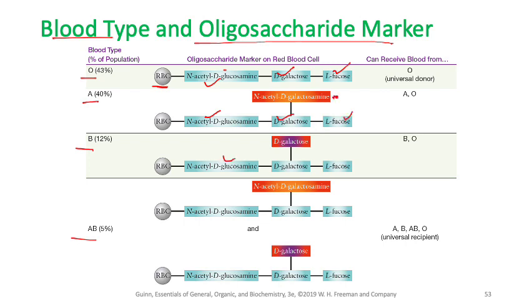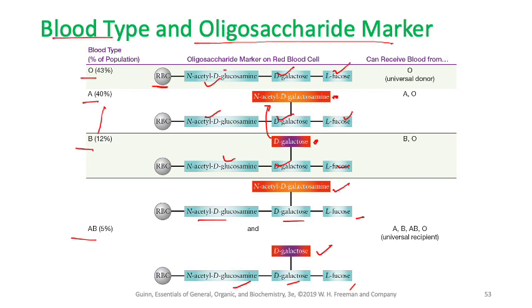For B, again the 3 are the same, and the fourth one is different from A, right? Then we have AB, with these 3 the same, and the fourth one, then B: 1, 2, 3, and the same D-galactose, right? So they have both of them. This is how the oligosaccharides are arranged on the surface of the RBC.